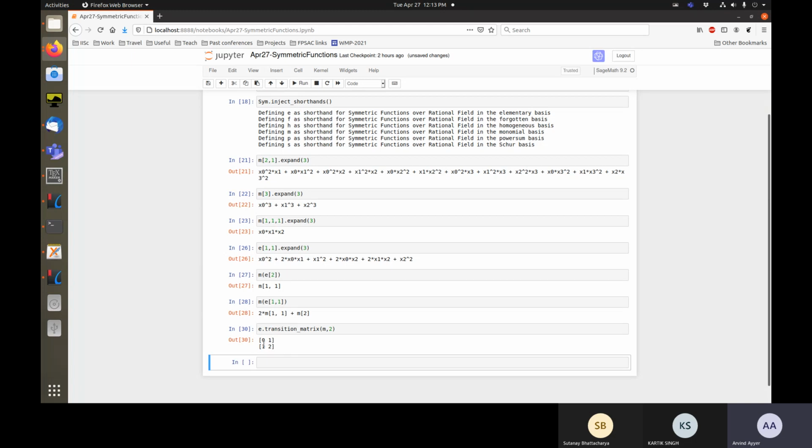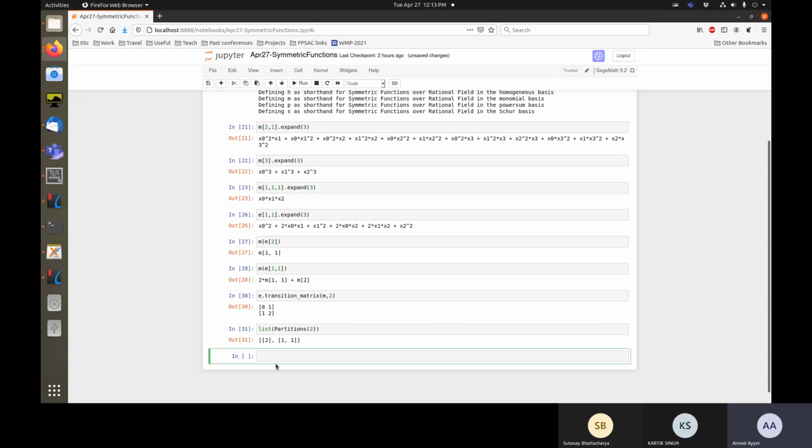So what this is saying is it's indexing. Let me show you. If I list the partitions of 2, the first row is saying E2 in terms of m. So it's 0 times m2 plus 1 times m11.